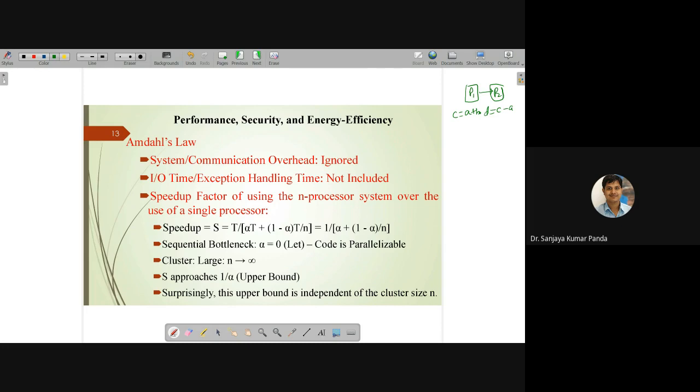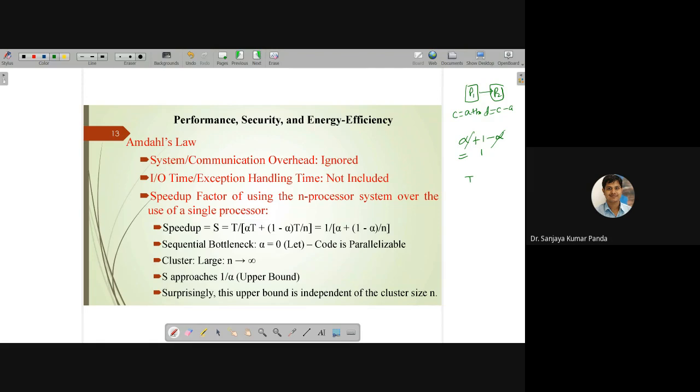Now, if I ask you to calculate the speedup factor, the total code is alpha sequential, 1 minus alpha parallel. So the total code, alpha plus 1 minus alpha, is 1. If the entire code is sequential, it is going to take t units of time. That we can say is a non-pipelined processor.